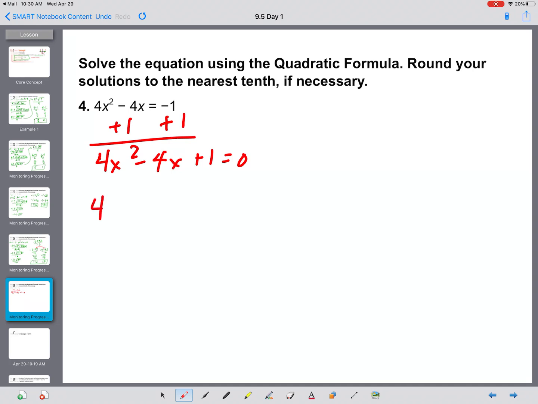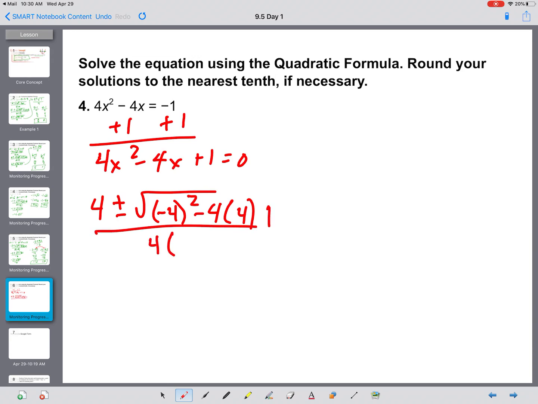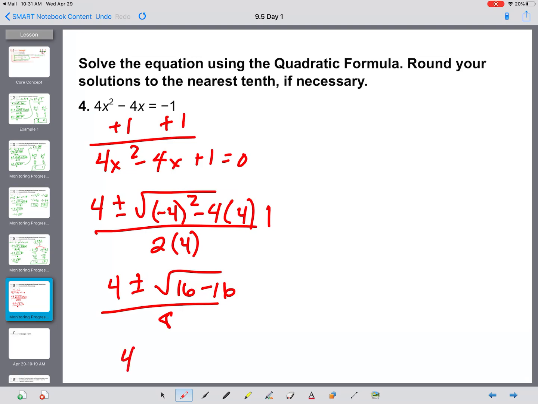So I can just start to plug these in. 4 plus or minus negative 4 squared minus 4 times 4 times 1. I'm already seeing something. 2 times A. So I get 4 plus or minus square root of 16 minus 16 all over 8.